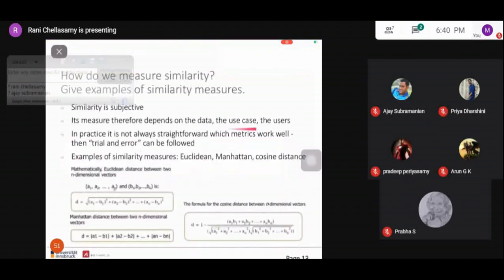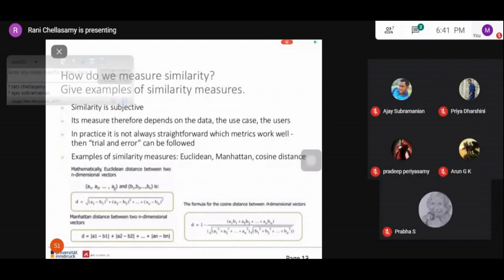These metrics mainly work on the basis of trial and error. The examples of similarity measures are Euclidean distance, Manhattan distance, cosine distance, and squared Euclidean distance. And these are the formulas to find the distance similarity measures.